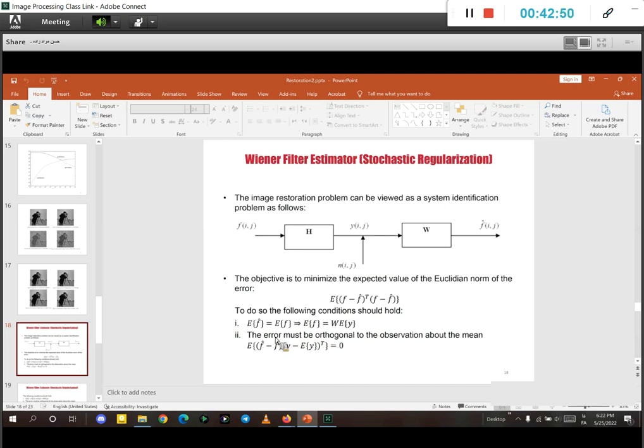It means orthogonality: the error must be orthogonal. Orthogonal means the expected value of this item dot this item is 0. That means the error must be orthogonal to the observation about the mean, y minus the mean of y. We say the standard deviation, or square root of variance, or deviation.